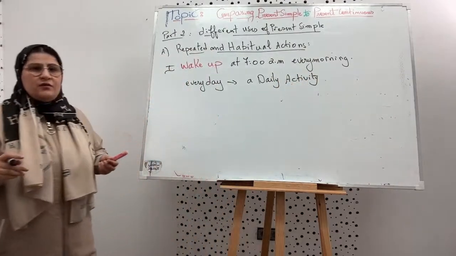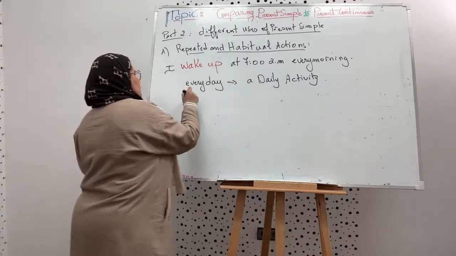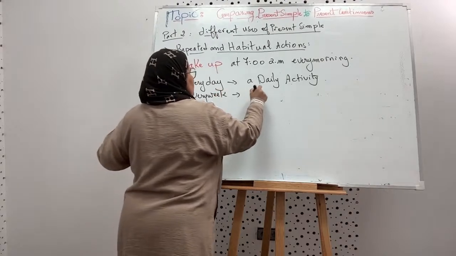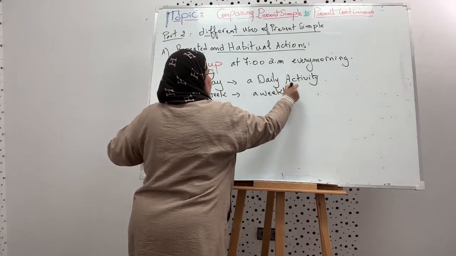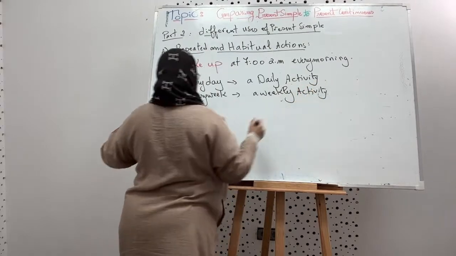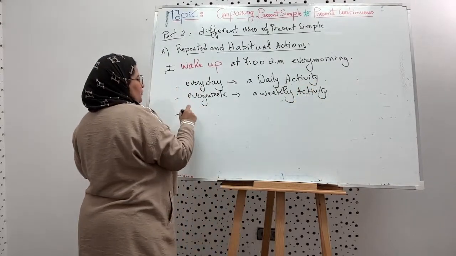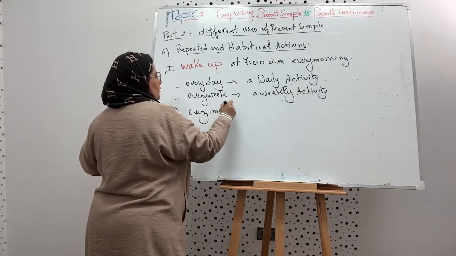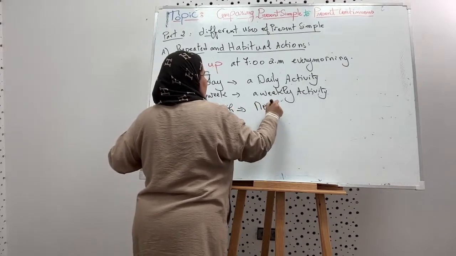And when the activity is repeated every week, we call it a weekly activity. When the activity is mainly repeated every month, here we are talking about monthly activity.